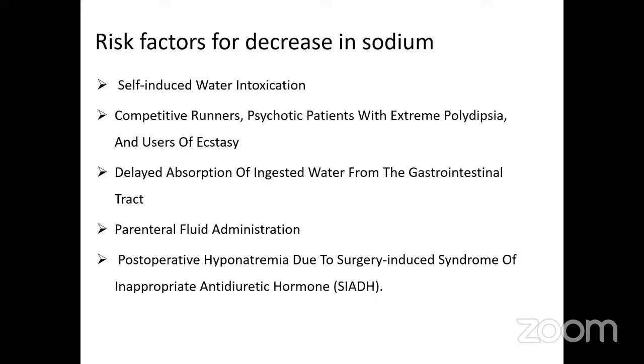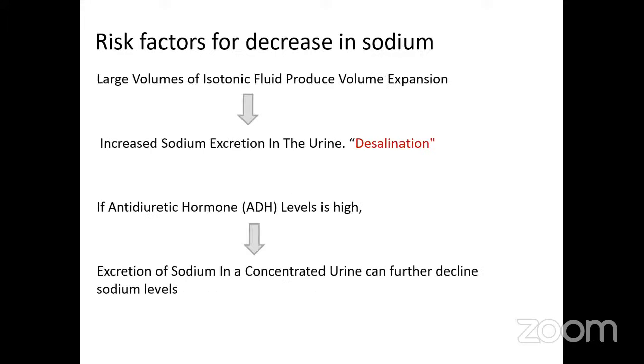Parenteral fluid, the wrong parenteral fluids, like 5% dextrose or half normal saline in a patient with hyponatremia. In surgery, severe pain or the postoperative state itself can produce ADH and result in hyponatremia. There is a condition called desalination. If you correct the hypovolemia with large volumes of isotonic fluid, there will be a volume expansion.